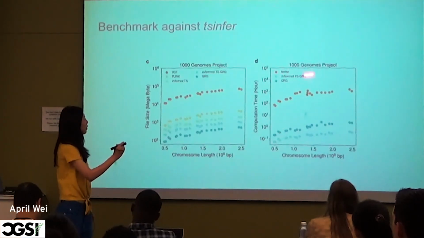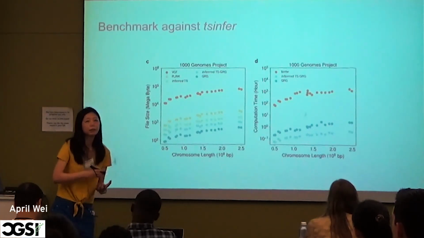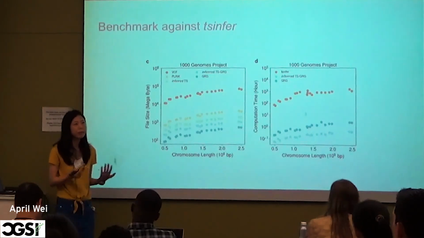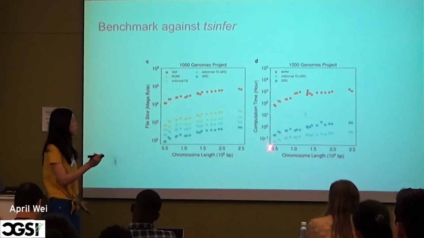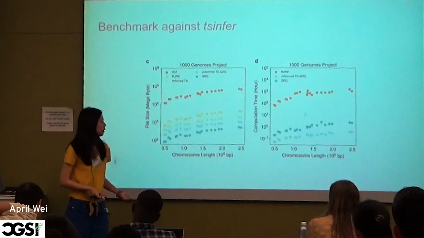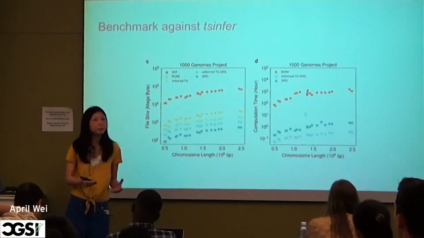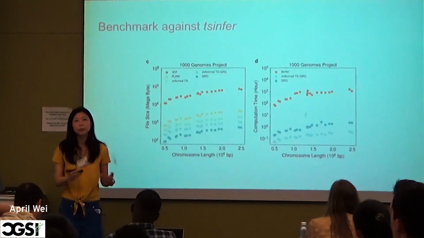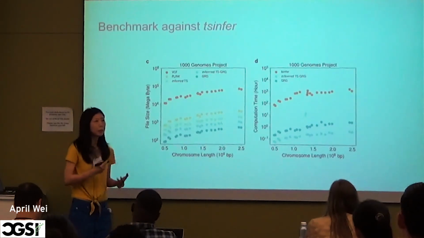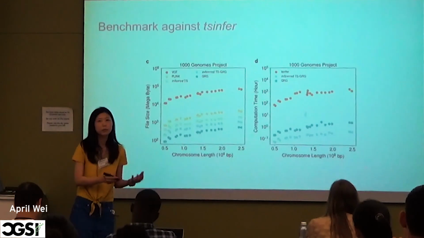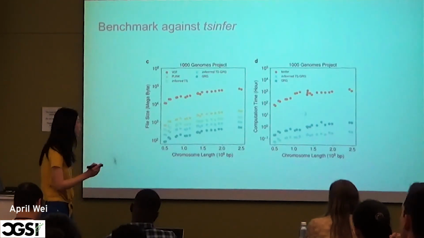So at the 1000 Genomes Project level, like 2,500 genomes, we're about 1,000 times faster than tsinfer. And this light blue line is what if we first infer the tree sequence and then convert it to GRG, and that really takes no time because it's just converting one graph into another.